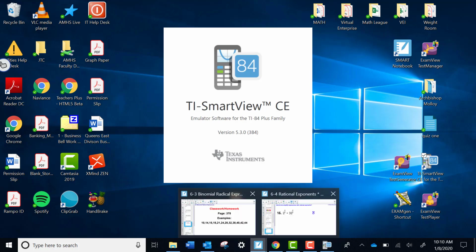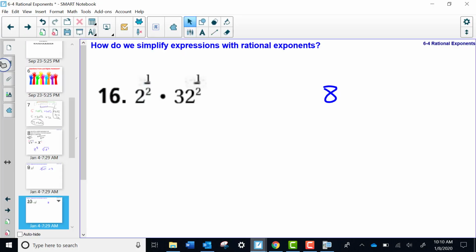All right. So while the calculator is booting up, I'm going to show you how we could get this answer algebraically. These are in exponential form. How can we rewrite this in radical form? So the square root of 2, right?